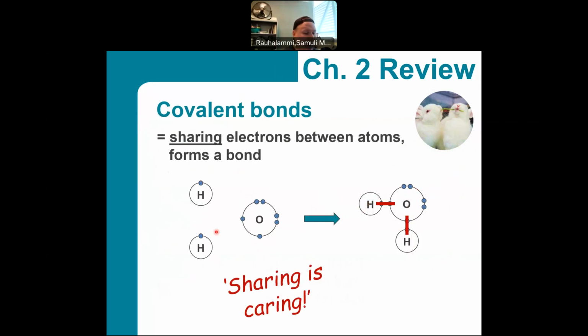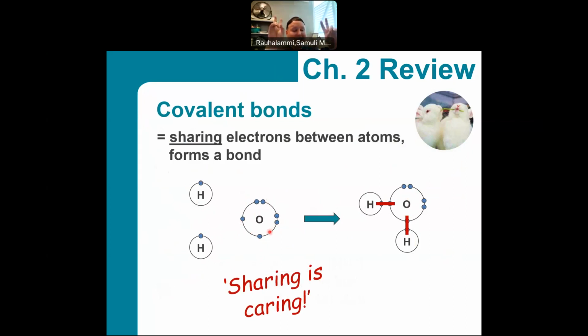And how they're able to accomplish this is, look at these hydrogens. Hydrogens have one electron on their outermost electron shell. The easiest way that they can reach their happy place is by adding one additional electron to each one's outermost electron shell. Oxygen instead, here we have 6 electrons on its outermost shell, so on its valence shell.